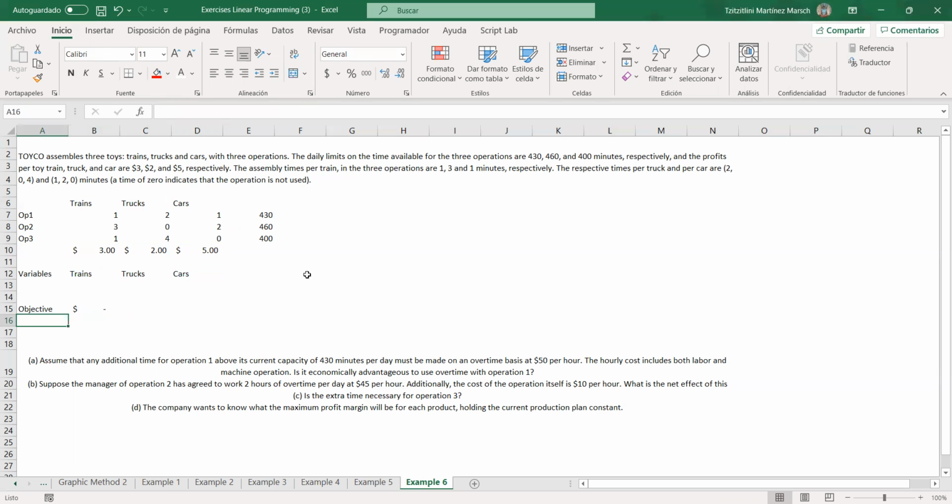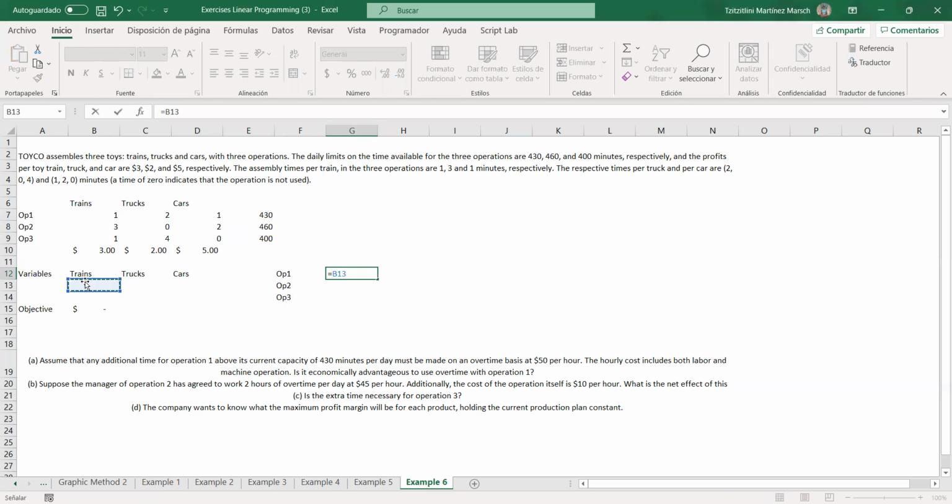And my restrictions, I'm gonna put my restrictions over here. My restrictions for the first one is going to be the number of trains, and here I'm gonna go ahead so I can pull my formula down, okay?